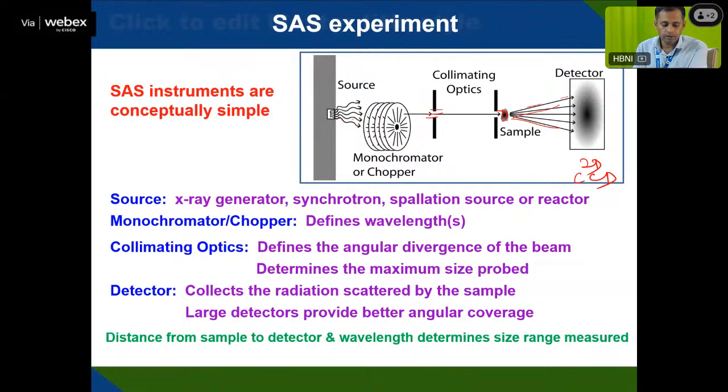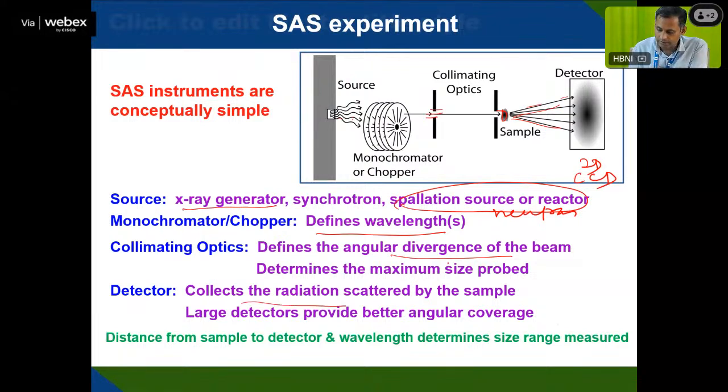For the source, you have an X-ray generator, and you can use synchrotron radiation for X-rays. For neutrons, you have to use a spallation source or a nuclear reactor source. The monochromator defines the wavelength, allowing only a particular wavelength, and you have collimation optics, which I told you gives a divergence where parallel beams determine and maximize the probe size.